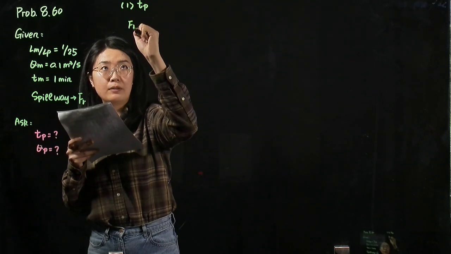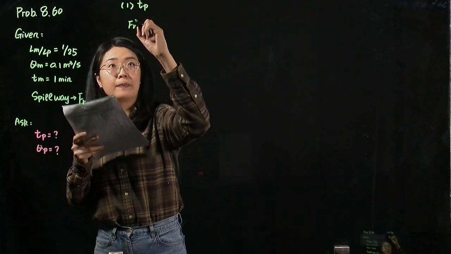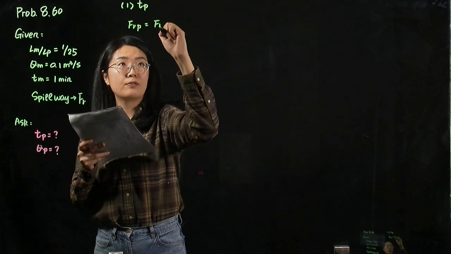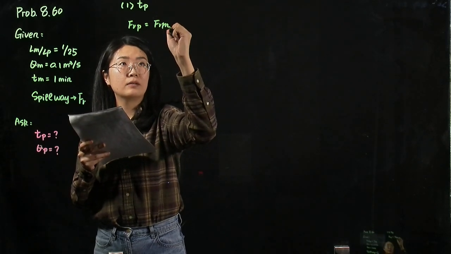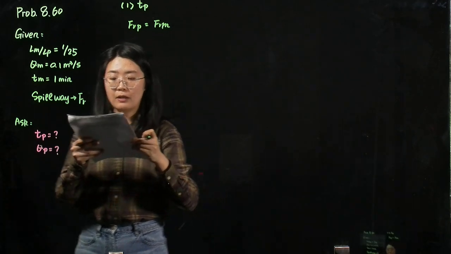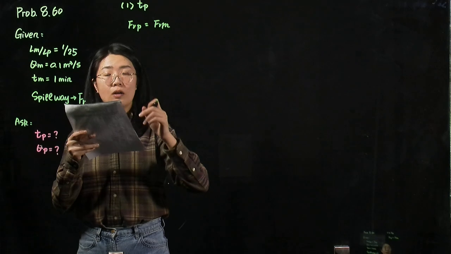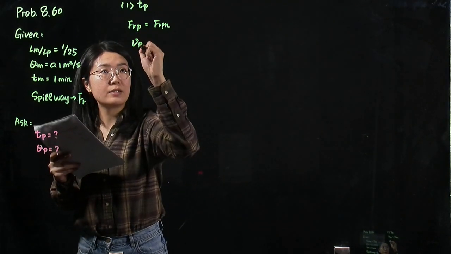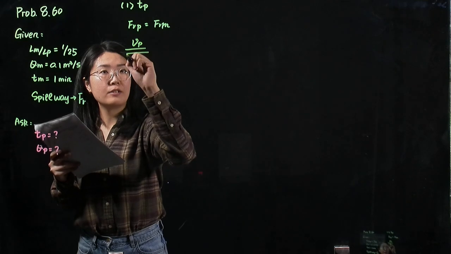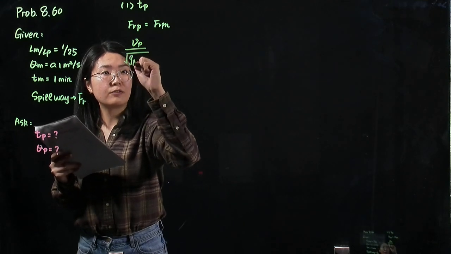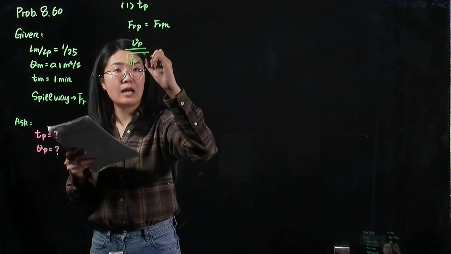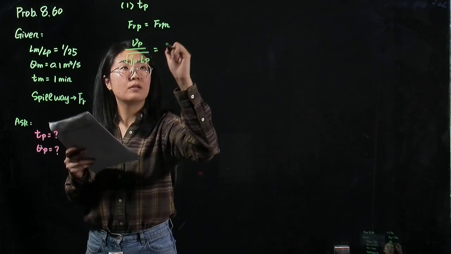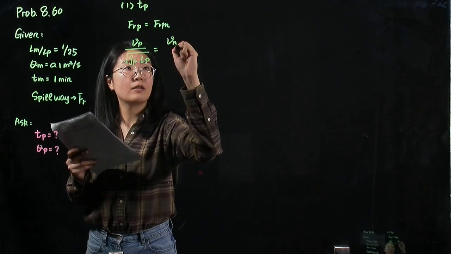So the Froude number in the prototype should equal the Froude number in the model. The Froude number equals the velocity divided by the square root of gravitational acceleration times the length. So it should be the same on the right hand side.